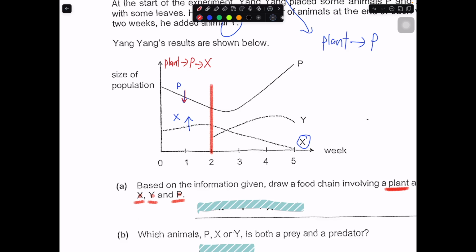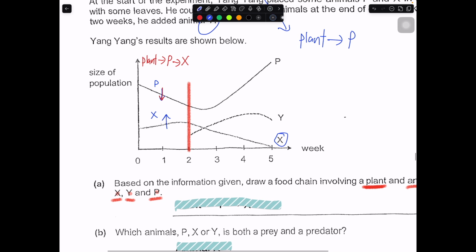Okay, so then for the next 2 weeks onwards, you have to decide where Y comes into play. Okay, so pretty straightforward this part. You see that when Y is introduced and Y went up, X decreased while P increases. So this must show you that the Y must be feeding on X. Okay, so when X decreases, there is less X feeding on P, so P must have increased.